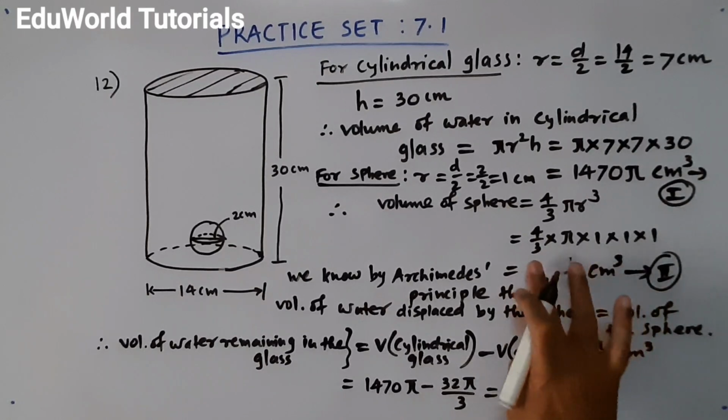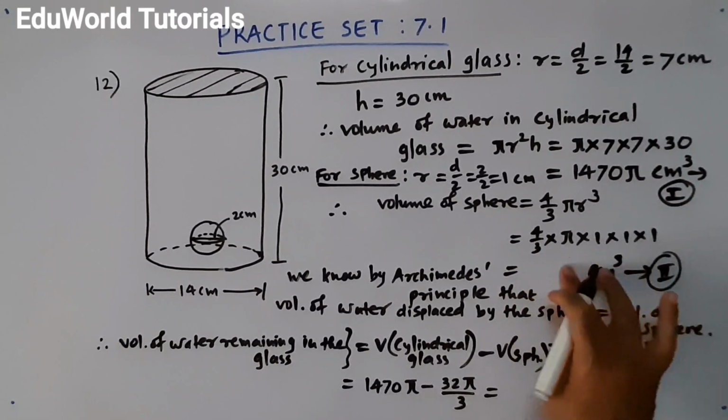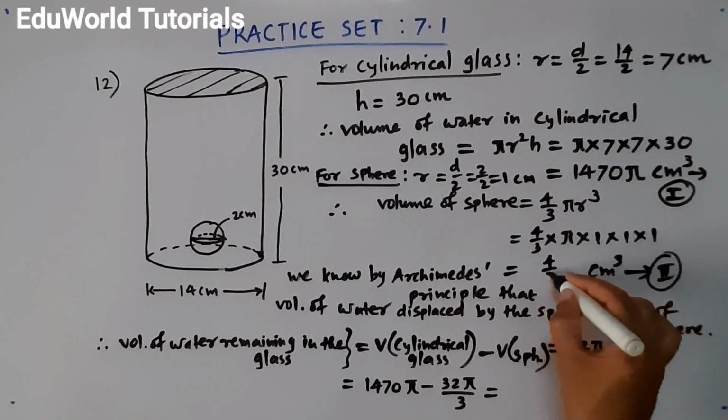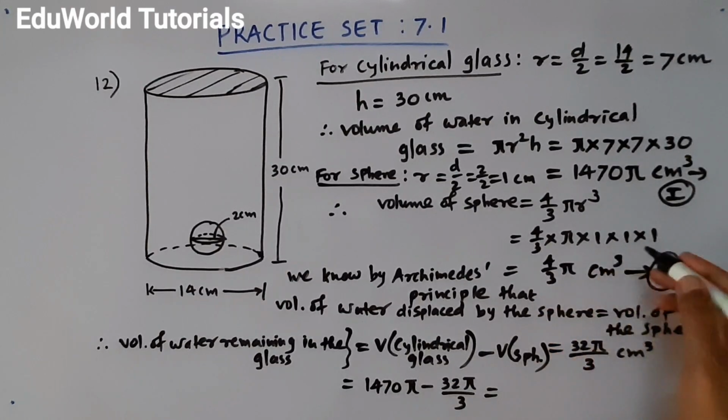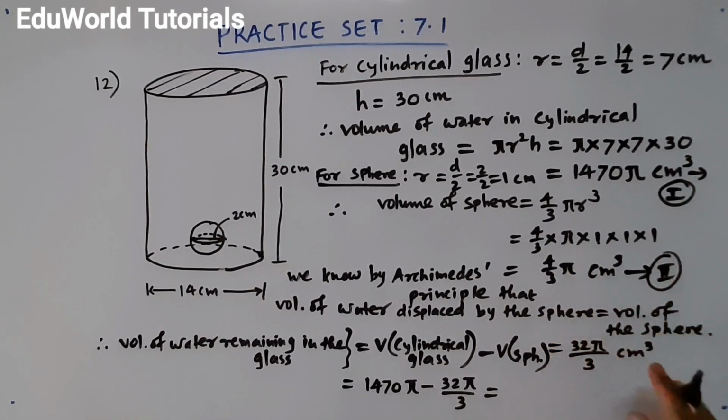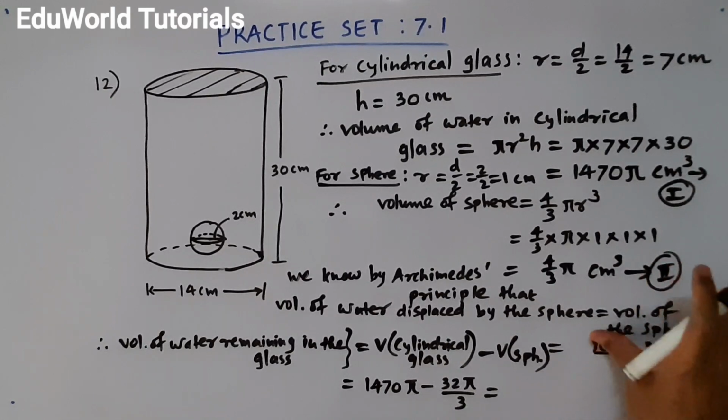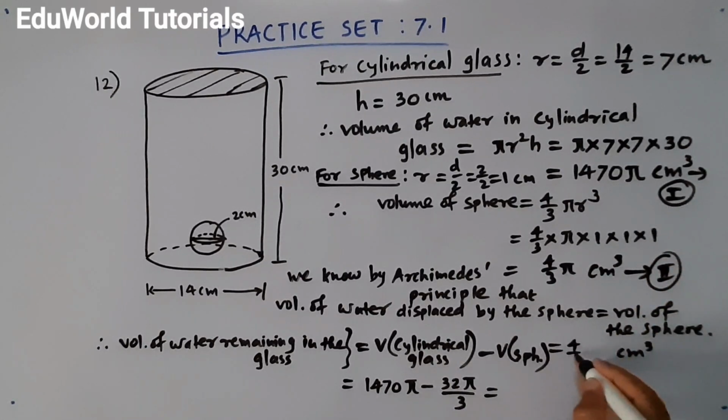So we will have to make a drastic change. It will be 4 by 3 pi, because 1 into 1 into 1 is 1 only. And so I will have to write here 4 upon 3 pi centimeter cube. So here also I have to make a change accordingly. So it is 4 by 3 pi.